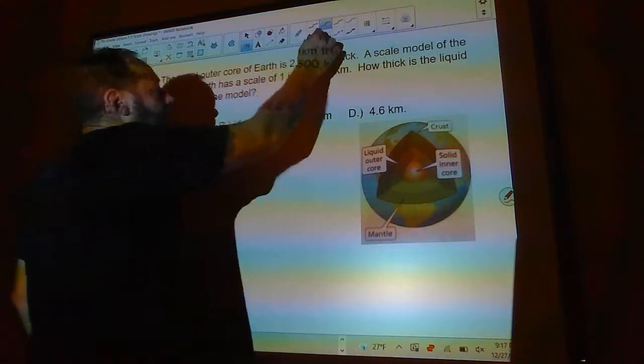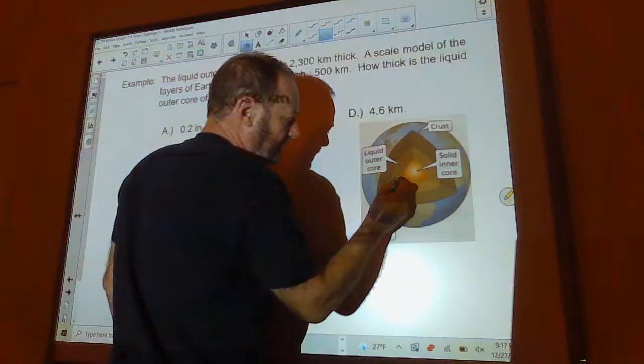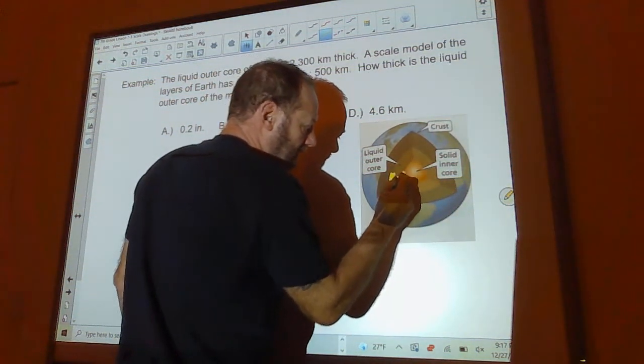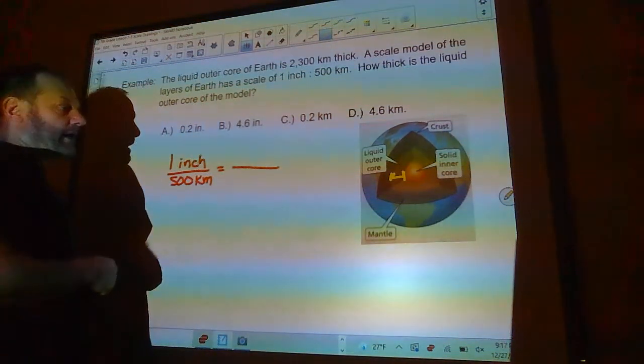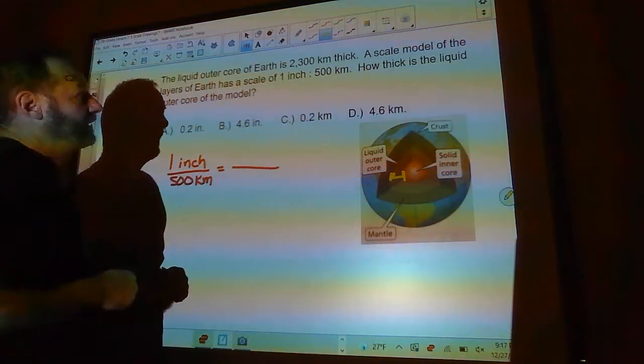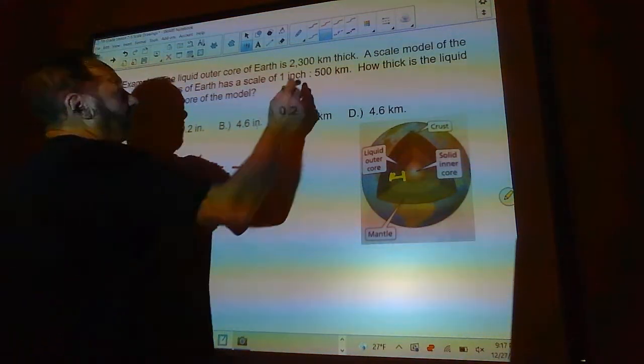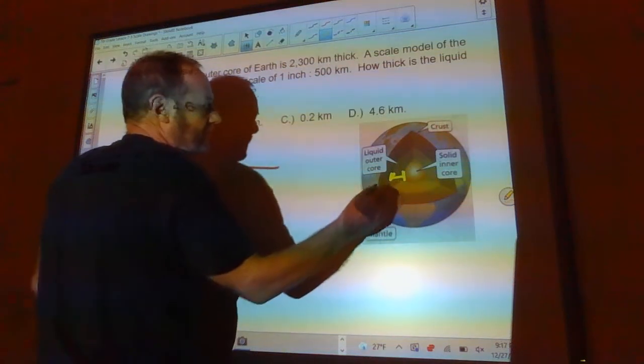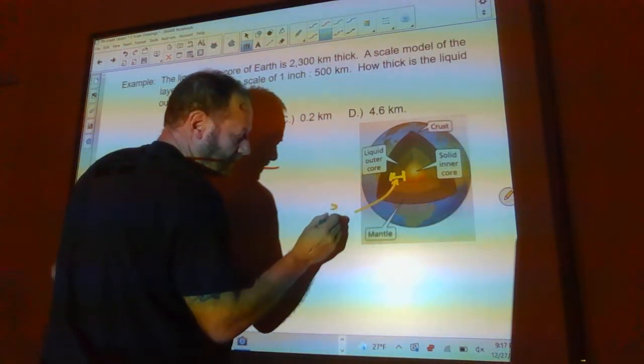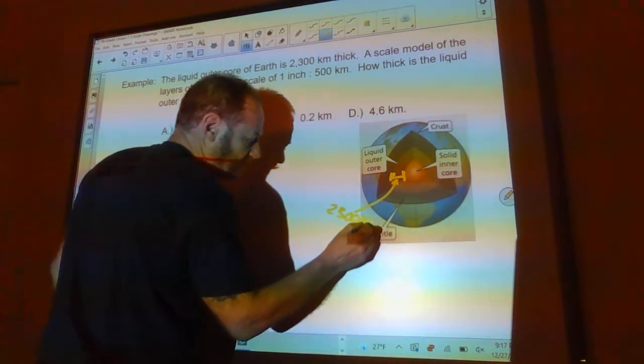And here is our inner core, liquid outer core. We know that that's 2,300 kilometers thick. So this right here is 2,300 kilometers.